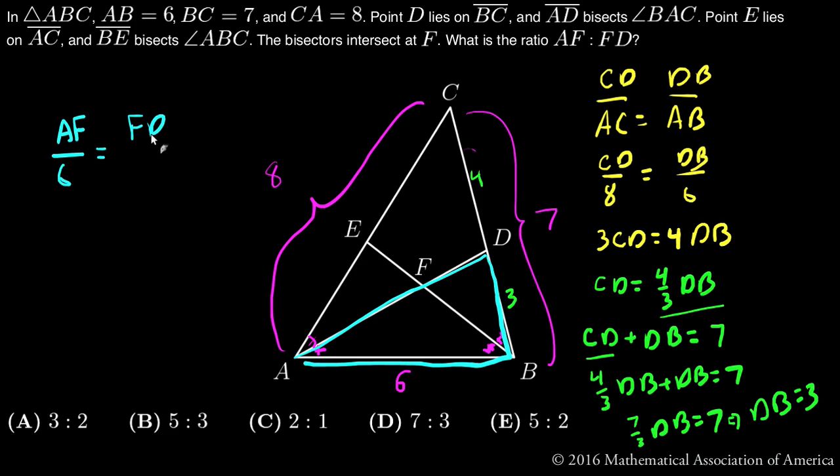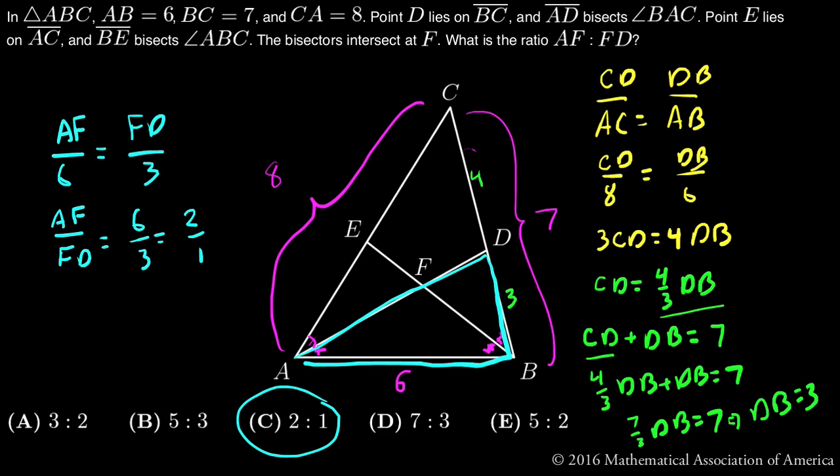I want AF to FD, so I'll divide both sides by FD and multiply both sides by 6. I'll get AF over FD equals 6 over 3, which is equal to 2 over 1, or a 2 to 1 ratio. Feel free to comment below with any questions.